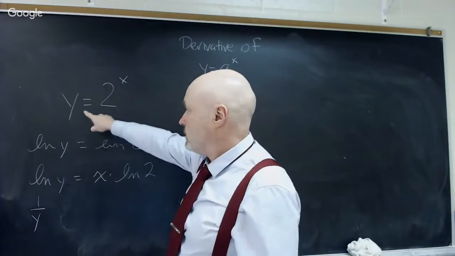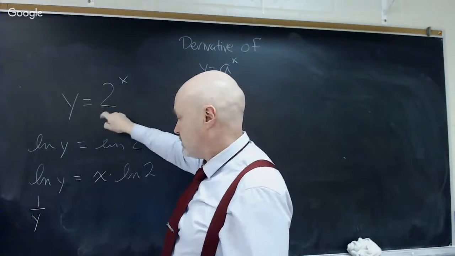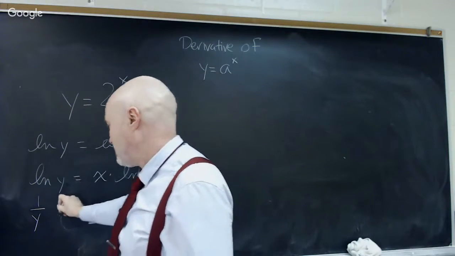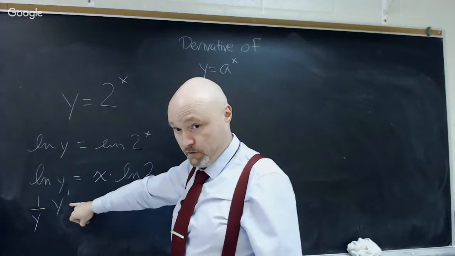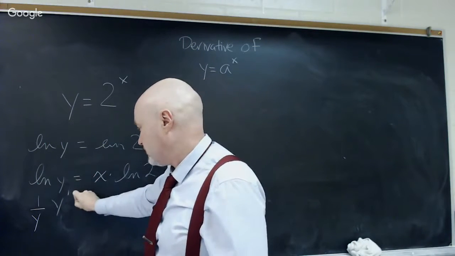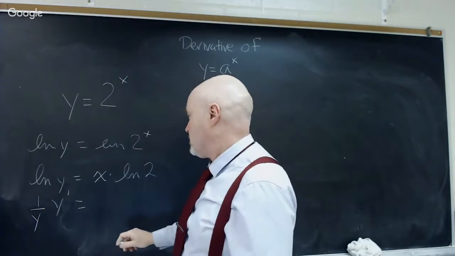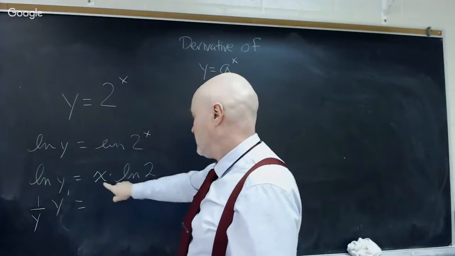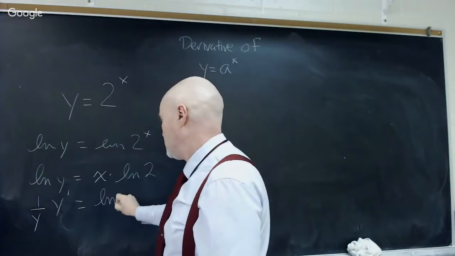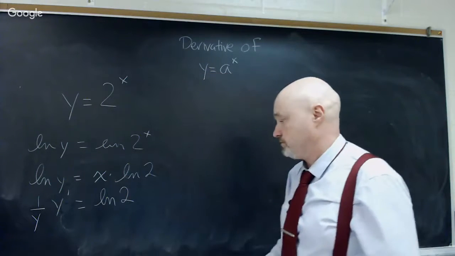But remember, y is a function of x, and so we have to use the chain rule. So this is our y primed here, the derivative of the inside of the function. And the derivative of x is just 1. 1 times the natural log of 2 is the natural log of 2.